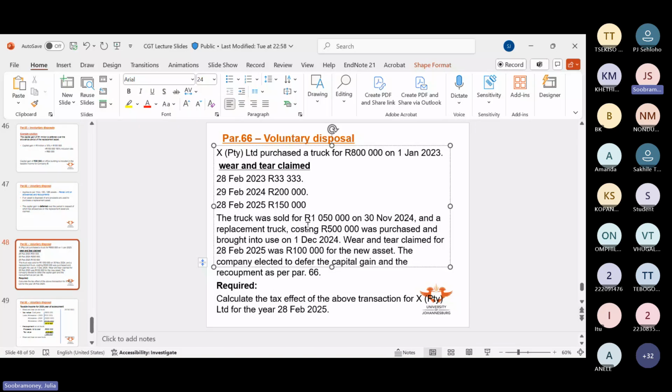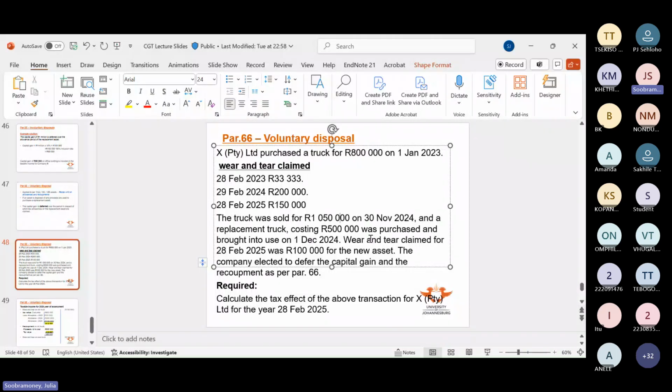Because now that we've sold the asset, remember, if you go right back to our capital allowances class, what were the steps you had to follow? Number one, you need to ask yourself, did I use the asset during this year of assessment before I sold it? If your answer was yes, you had to calculate the allowance, which I know my allowance is 150.